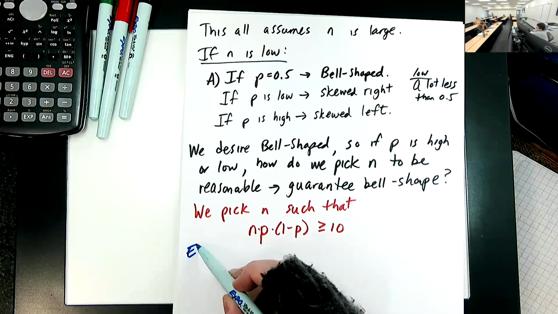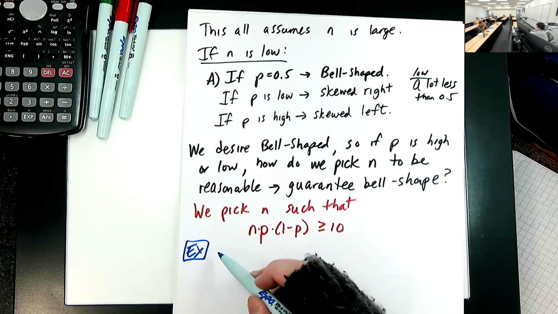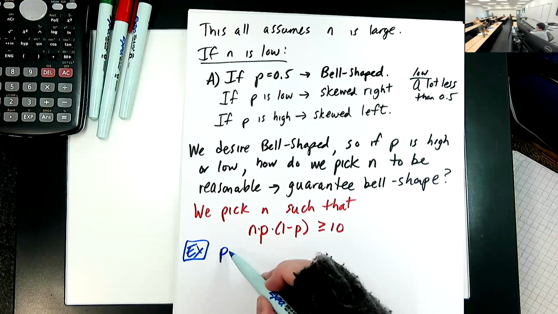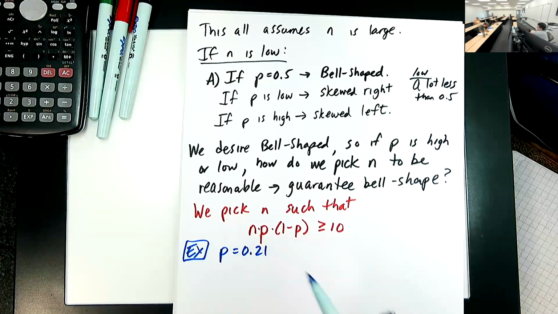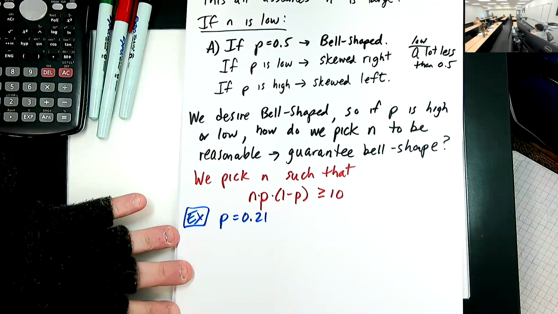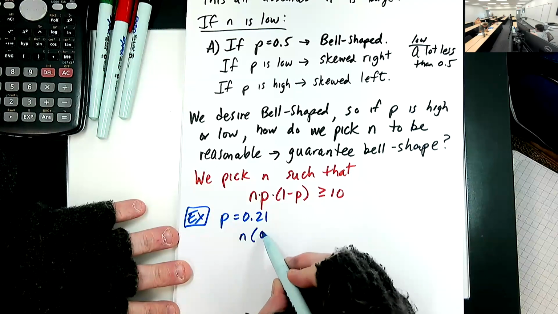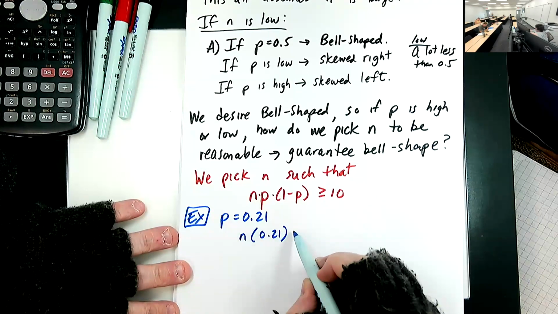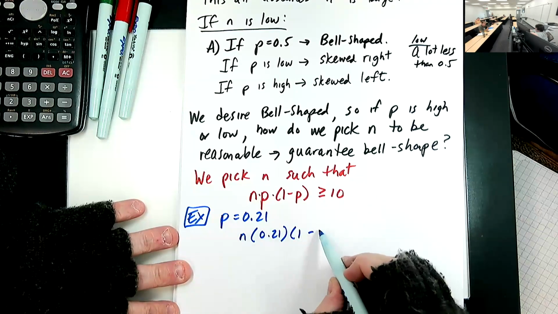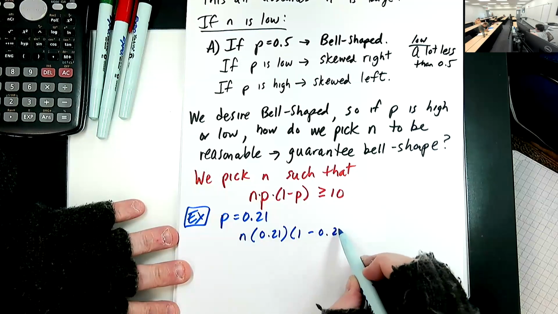For our first example, we'll say P is 0.21. I need N times P, which is 0.21, times 1 minus P, which is 1 minus 0.21.